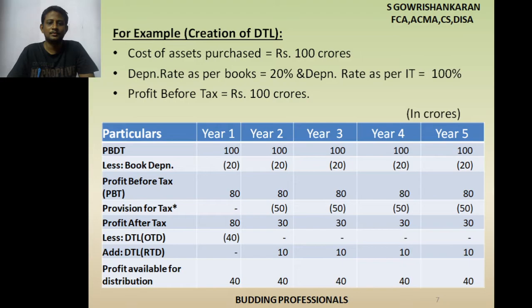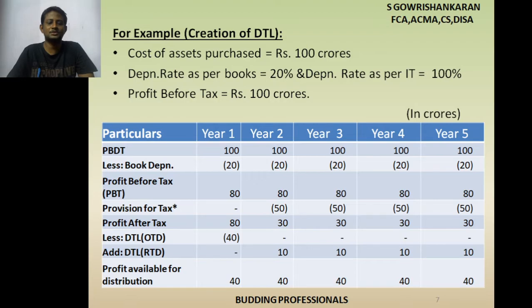For this purpose, you assume the profit before tax as profit before depreciation and tax. Profit before depreciation and tax is 100 crore.